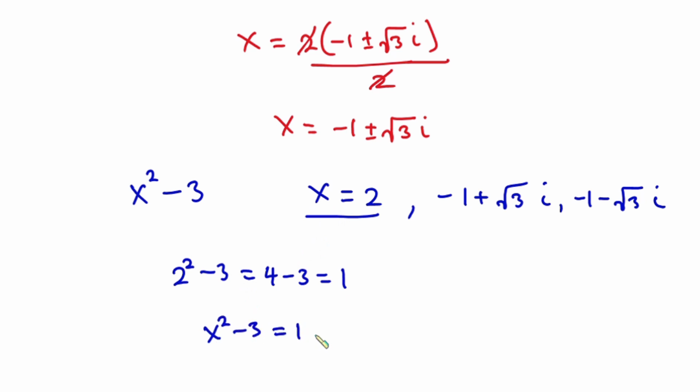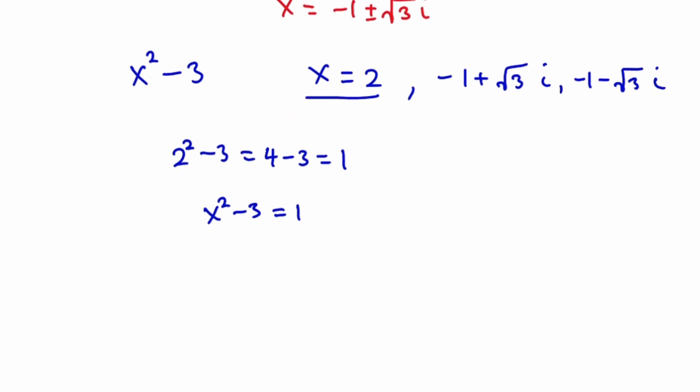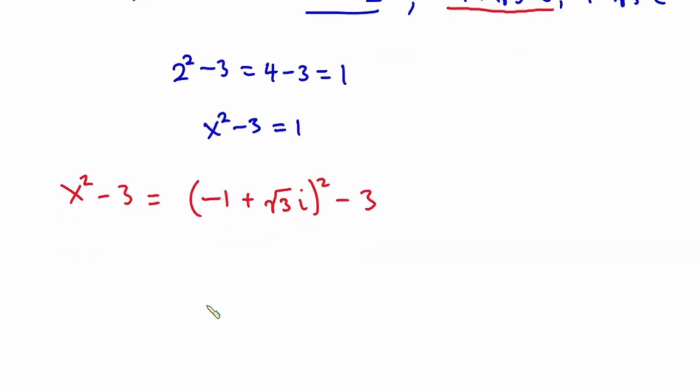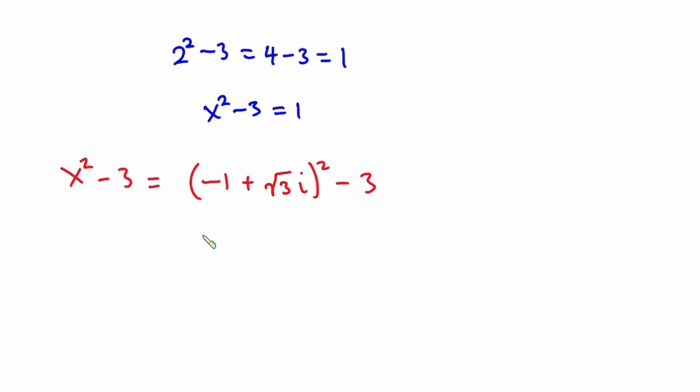So it means that when x is equal to 2, we have x to the second power minus 3 is equal to 1. Now what happens to x squared minus 3 when x is equal to negative 1 plus root 3i? So when x is equal to this, we have negative 1 plus square root of 3i all squared minus 3. So we have x squared minus 3 here. Right, so let's simplify this. 1 squared is 1.